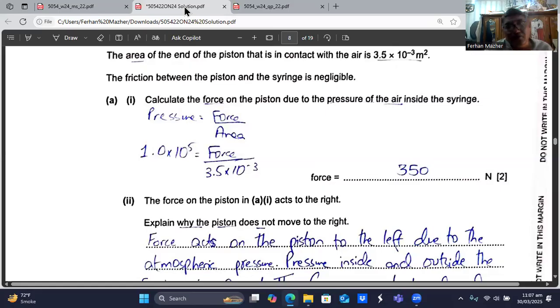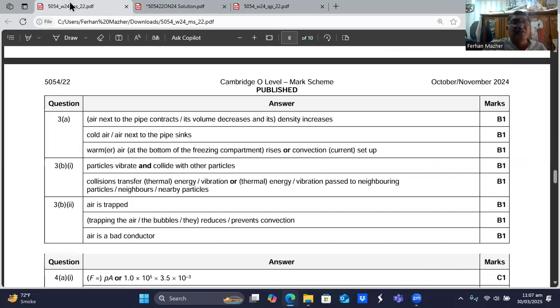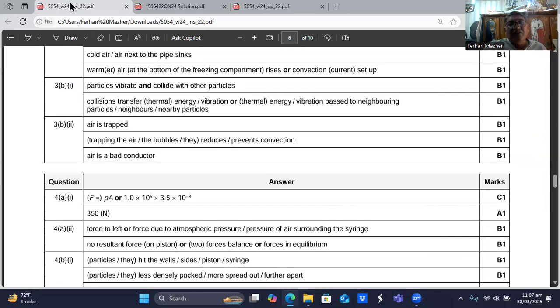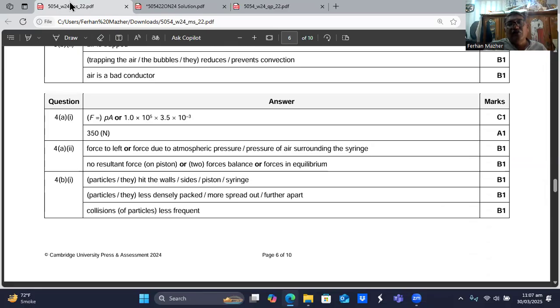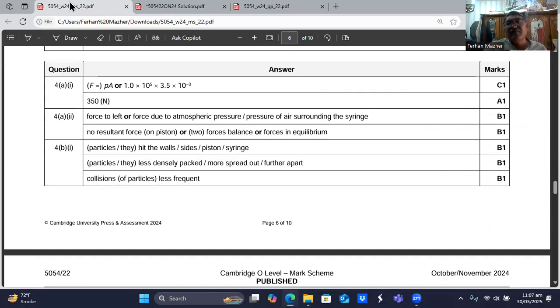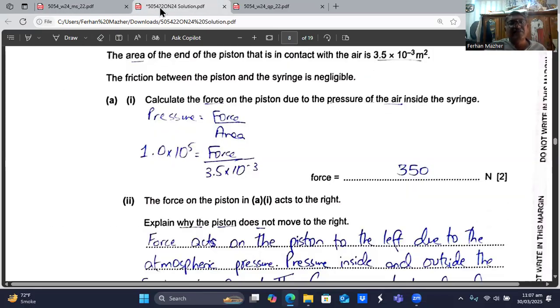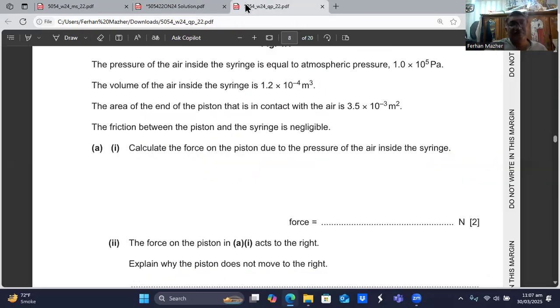So the force is 1 × 10^5 Pascal multiplied by the area of the piston, 3.5 × 10^-3 m². If you multiply them, you will get 350 Newton. 350 Newton is the right answer, so you can look at the marking scheme. This is how this is done.